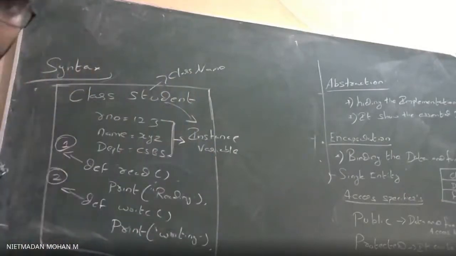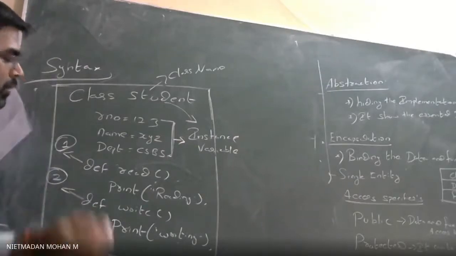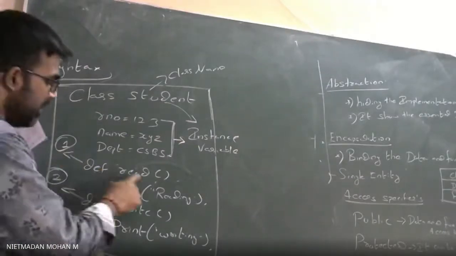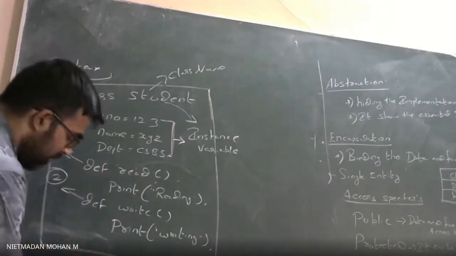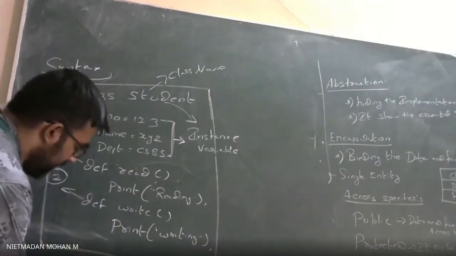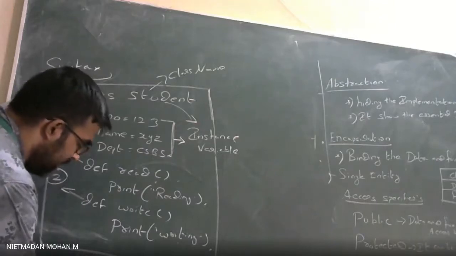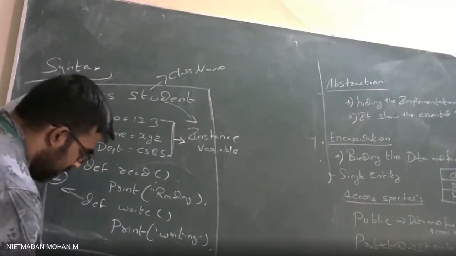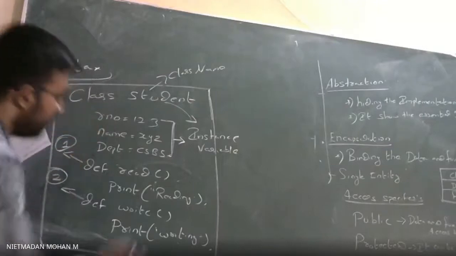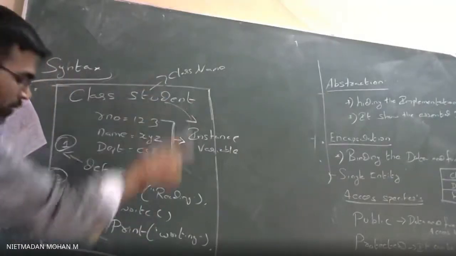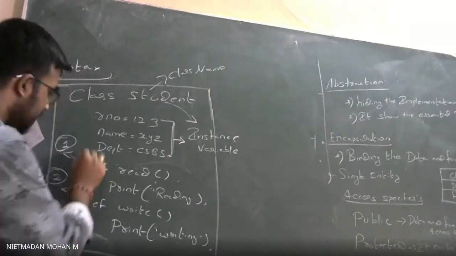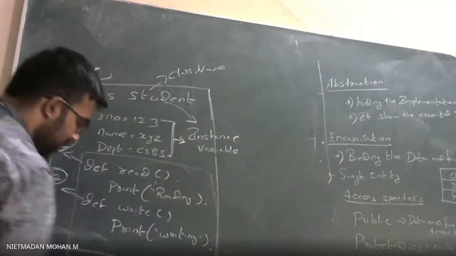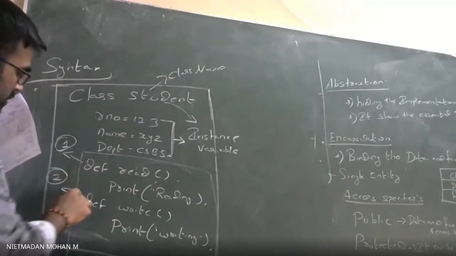And one more thing you want to remember: in procedural programming you have created a function and you are doing some operation, and outside the function, in the main program, you can call the functions called read and write. Before that, without using the class, these are your lines of code.